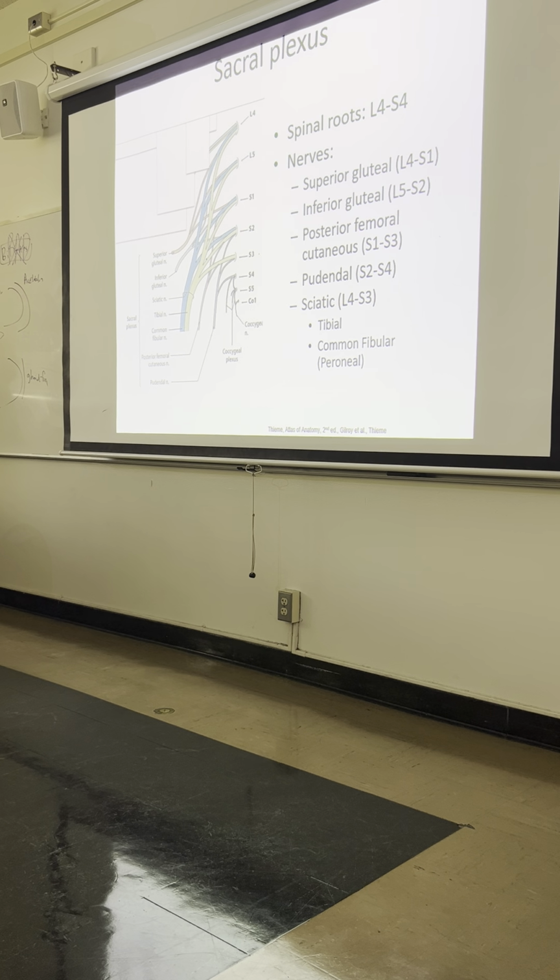And then, more relevant to today, the sacral part of the lumbosacral plexus, because this is the part giving rise to a lot of what we're looking at. I mean, really, the sciatic nerve is L4 to S3, so it's got a little bit of lumbar, but really the sacral plexus is giving rise to a lot of the stuff we're looking at.